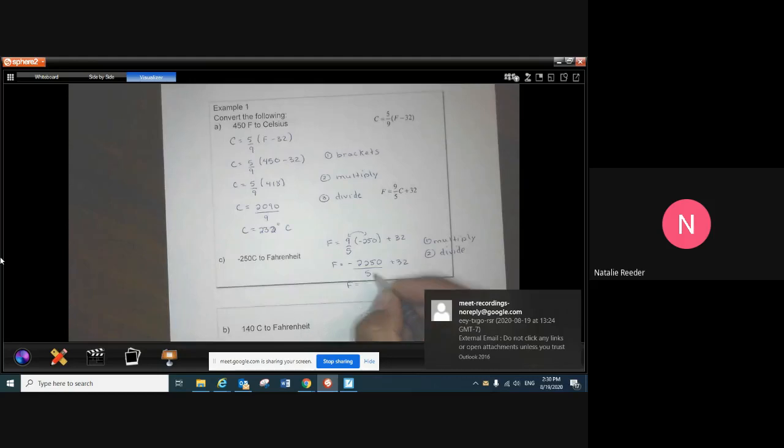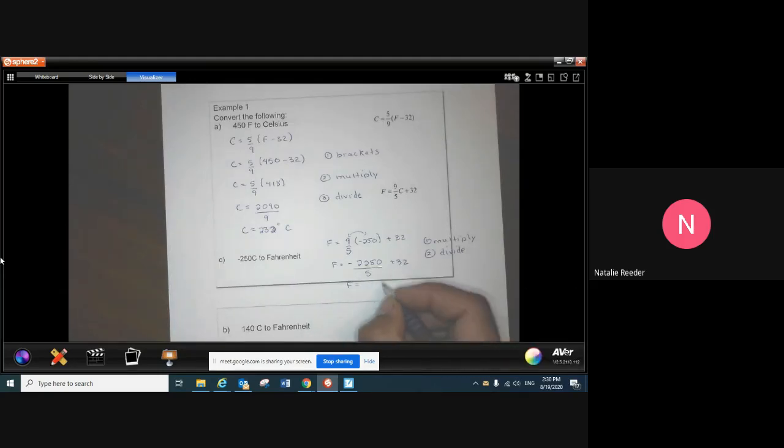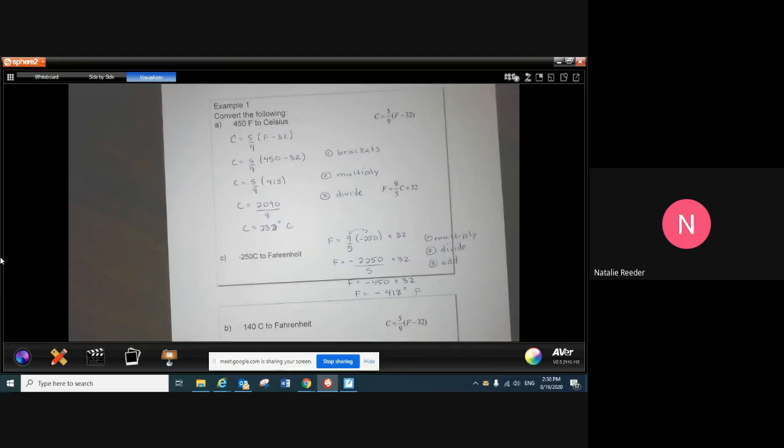So negative 2,250 divided by 5 gives me a negative 450. And now I need to add 32. So my third step is to add. Make sure you keep that negative there. Negative 450 plus 32 gives me a negative 418 degrees Fahrenheit. So that's step by step how you would follow those formulas.